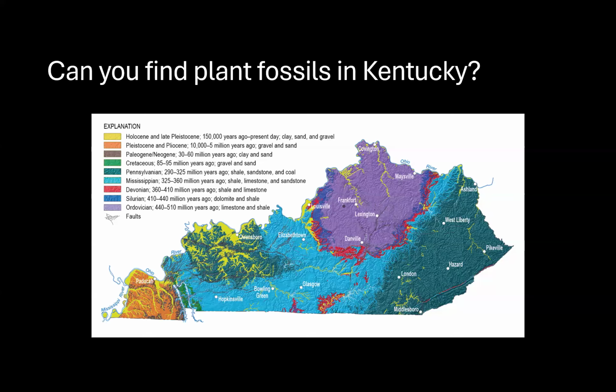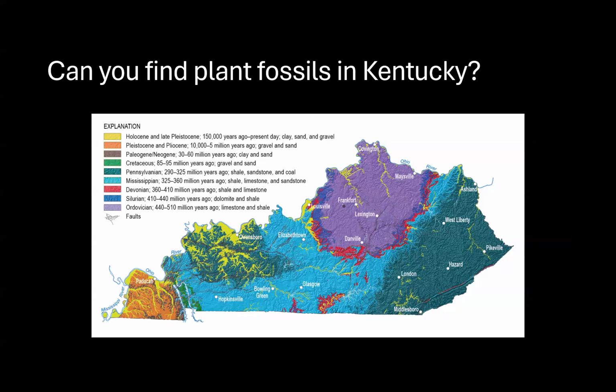So much of that involves the Pennsylvanian, the shale, the sandstone, the coal that existed between 290 to 325 million years ago, as well as some of the clay, sand, and gravel from the Holocene and Pleistocene era. We're going to focus on those areas a little more today, but we'll talk about what we see more towards far west Kentucky as well.